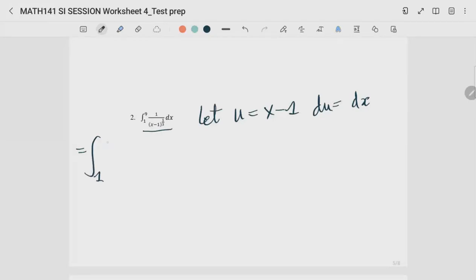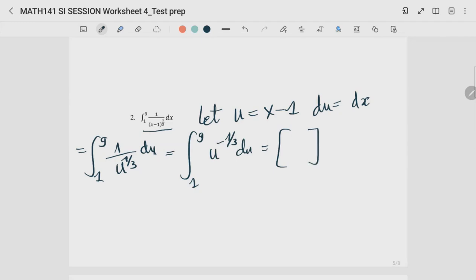You have the same integral from 1 to 9 of 1 over u to the 1 over 3. When you integrate this, you have the integral from 1 to 9 of u to the negative 1 over 3 du, which is equal to what?